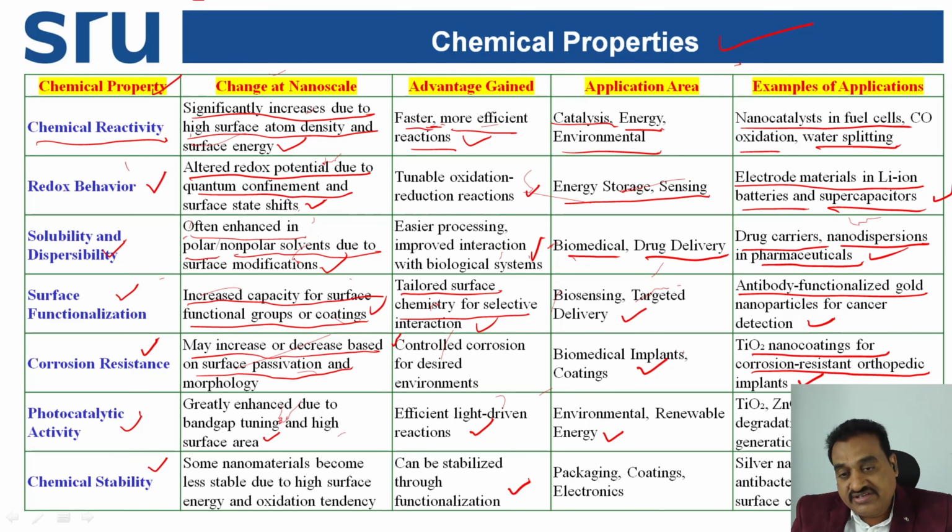This is the advantage. These are used in packaging, coatings, and electronics. What are the examples? Silver nanoparticles in antibacterial coatings with surface capping agents. These are the applications and examples.